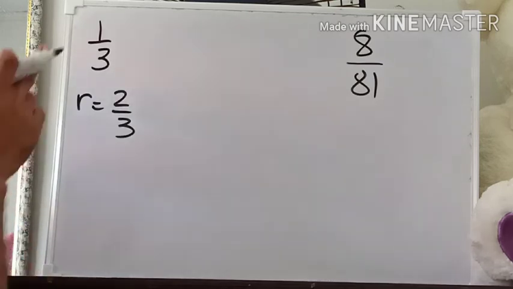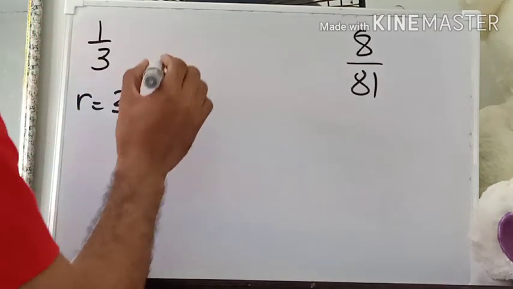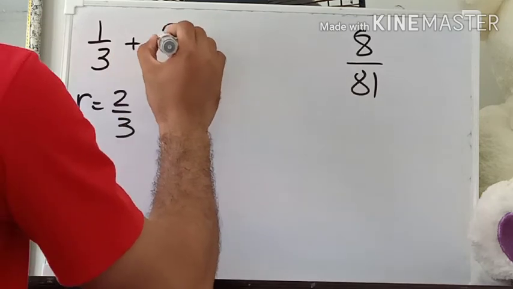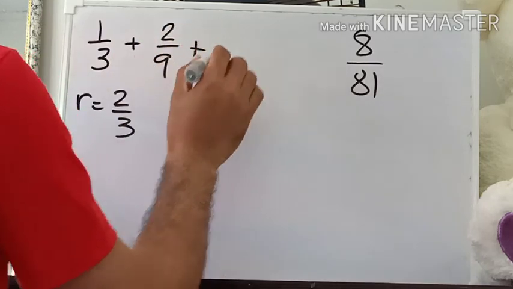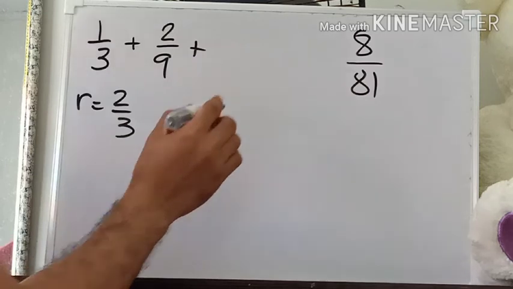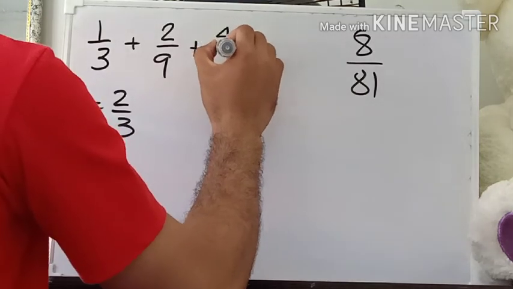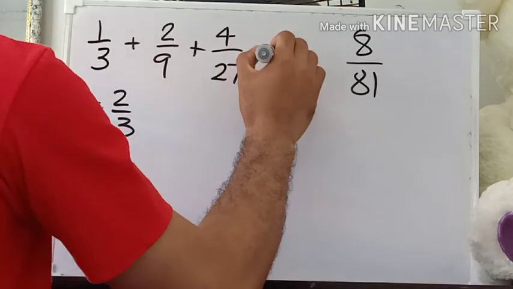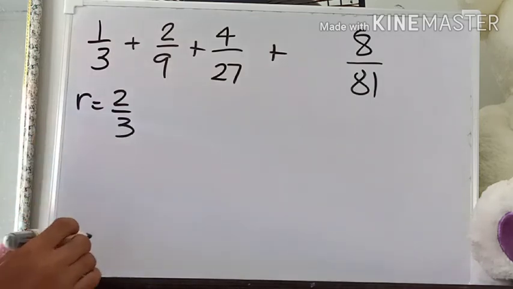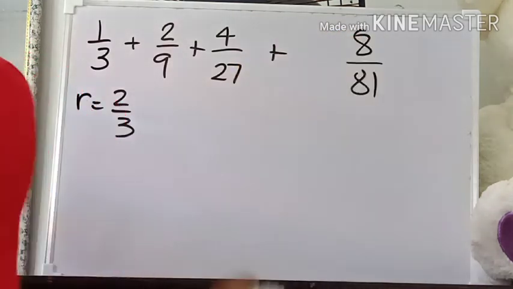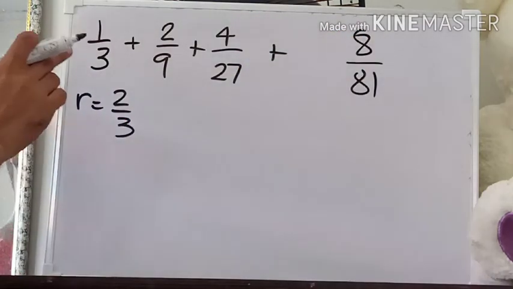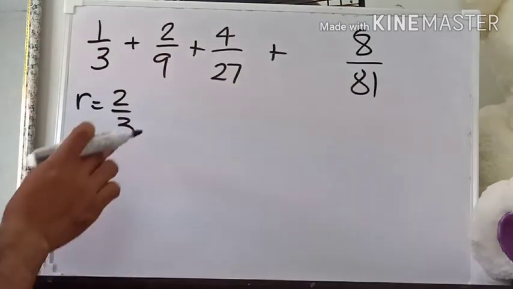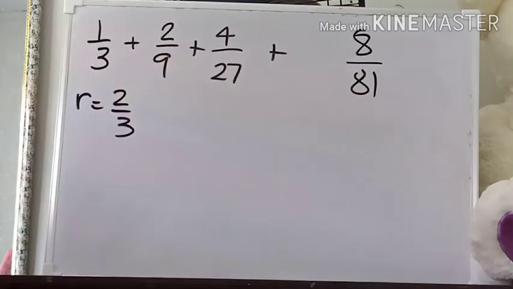So let's try. 1/3 times 2/3 will be 2 over 9. Then 2 over 9 times 2/3 is 4 over 27. Then 4 over 27 times 2/3 is 8 over 81. So from 1/3 to 8 over 81 with a common ratio of 2/3, there will only be 2 more terms to be added in between them, or geometric means between them.